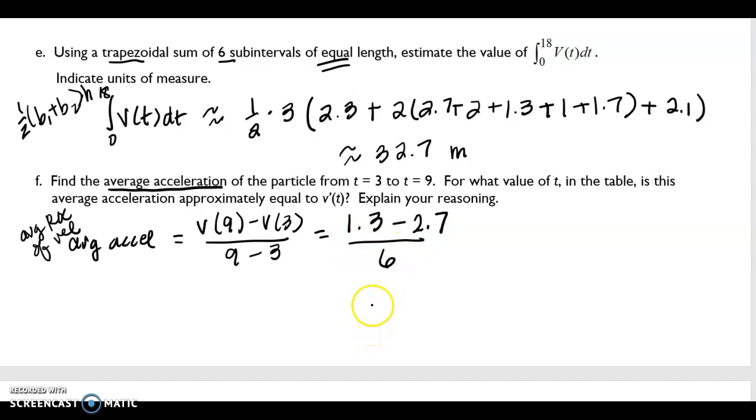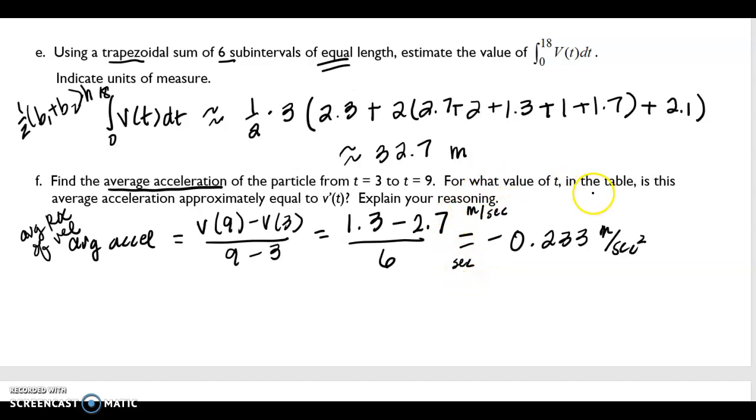I can leave my answer like that if I want, but let's go ahead and simplify it. I get negative 0.233, and this is going to be meters per second squared. And that's because if I look at the 1.3 minus 2.7, my velocity, that was in meters per second, and then my time at the bottom is over seconds again. So meters per second, or meters per second squared.